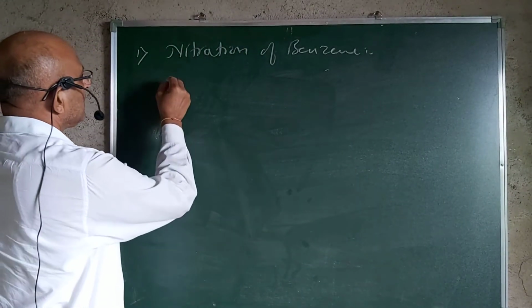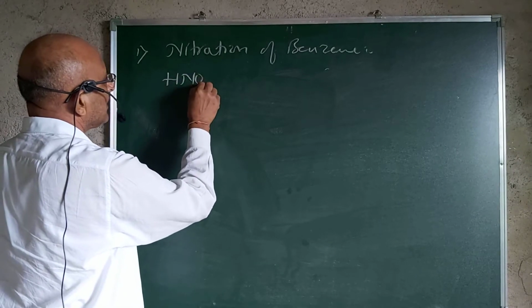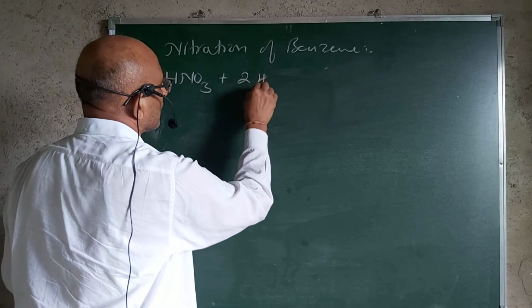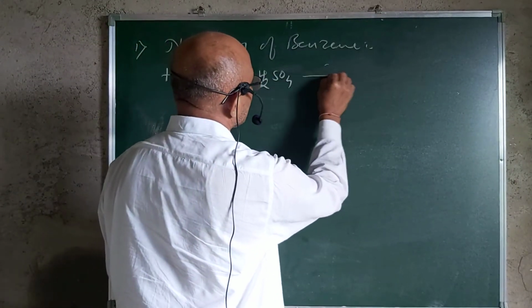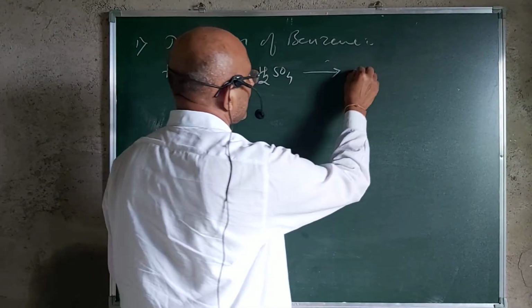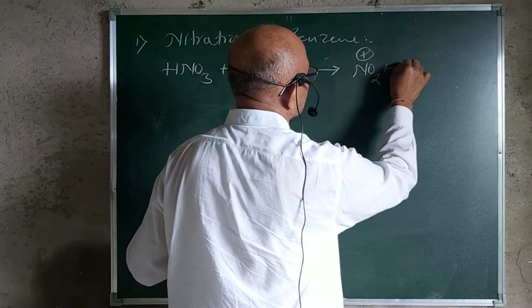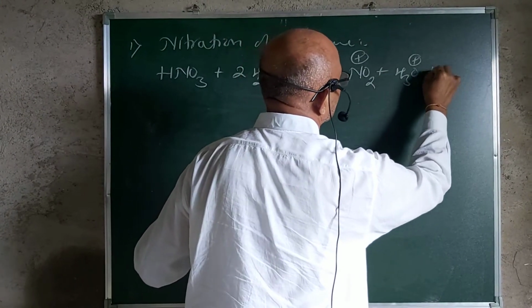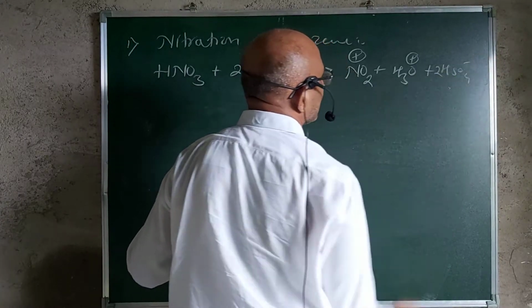The general reaction for the formation of the electrophile is HNO3 plus 2 H2SO4, meaning one part of nitric acid with two parts of concentrated sulfuric acid. Here you get the formation of the nitronium ion plus H3O+, the hydronium ion, plus 2 HSO4−, the conjugate base.